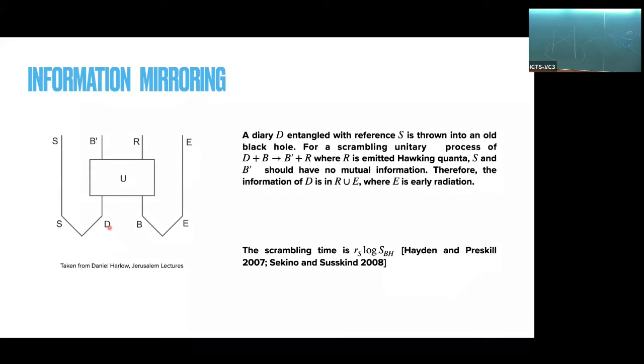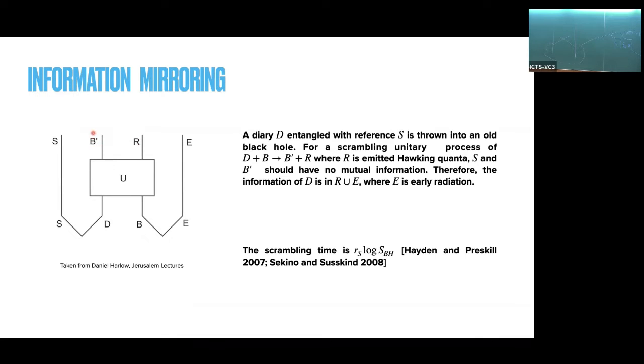So what happens is as follows. When you throw this diary inside the black hole, there is some kind of unitary that happens. The black hole has some remnant, B prime, and there is some small radiation, R, that comes out. It's important that R is very small compared to B prime.